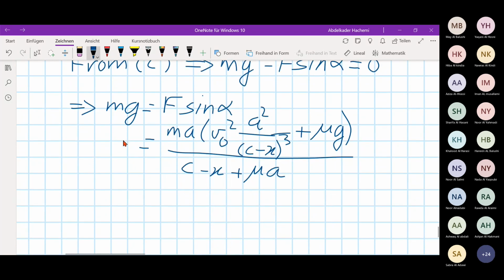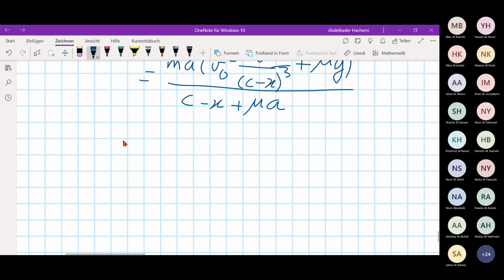And from this equation, we get x equal to c minus the fourth root of v0 squared a cubed divided by g.